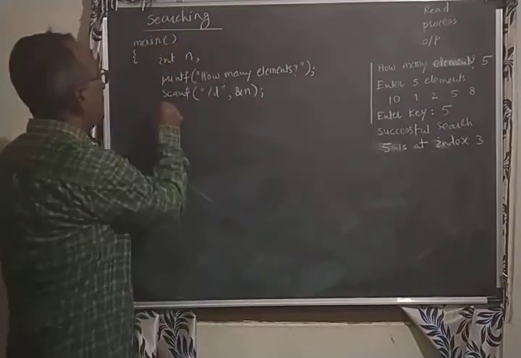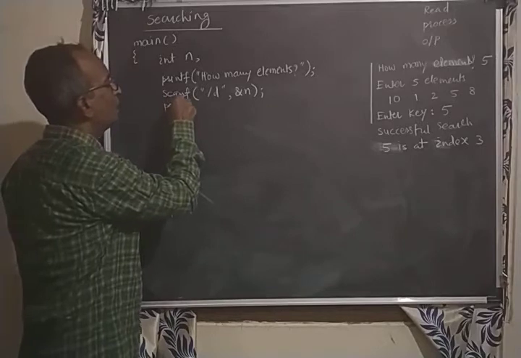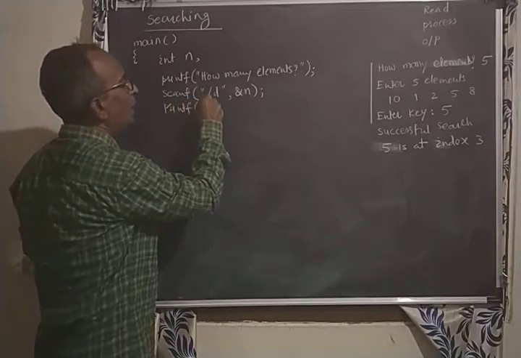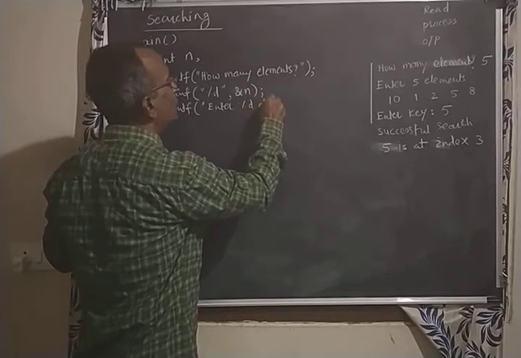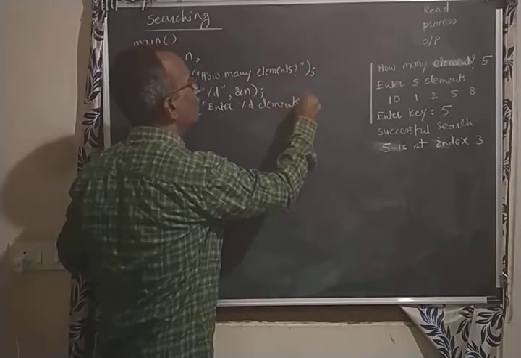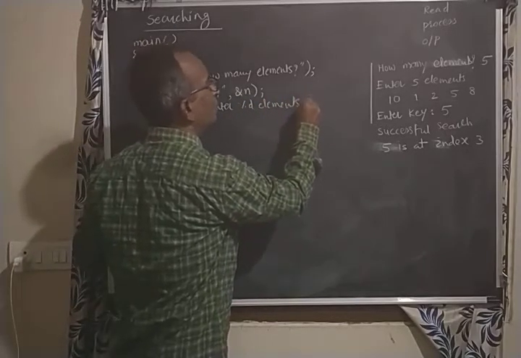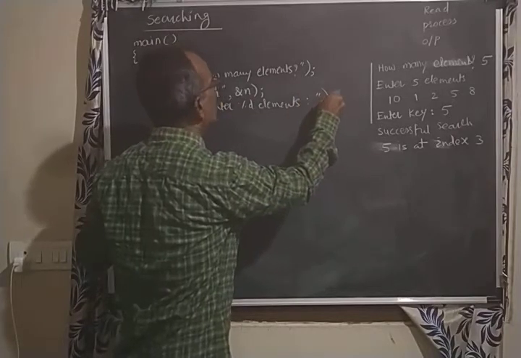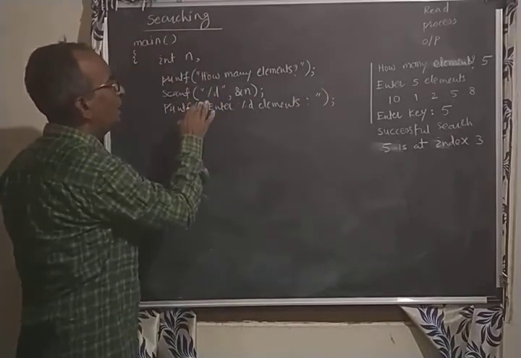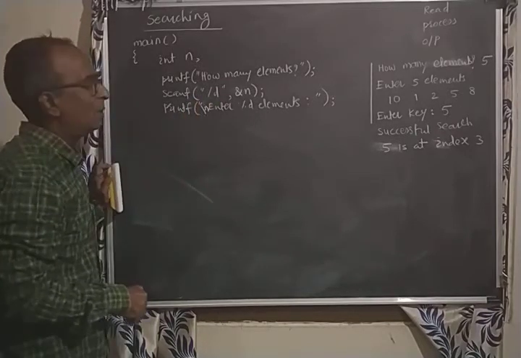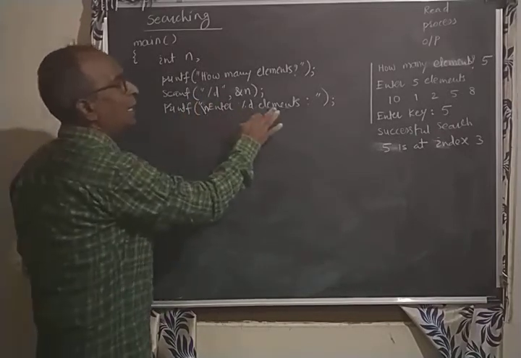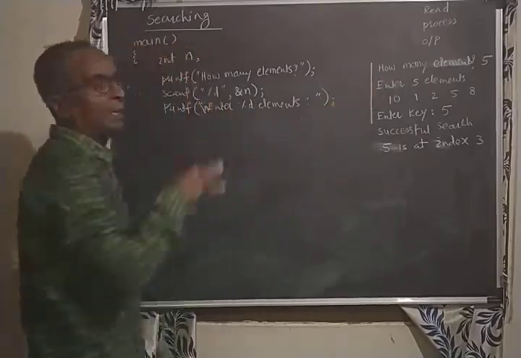Then we have to print that statement, enter %d elements. See, as we are printing this on new line, \n you can give here, enter %d elements will be printed.